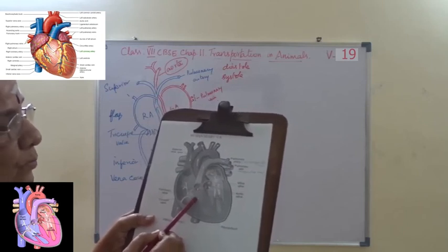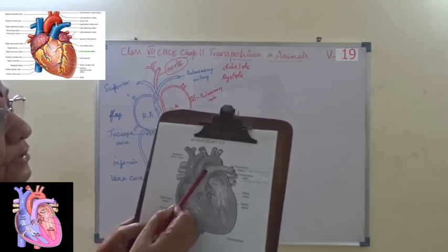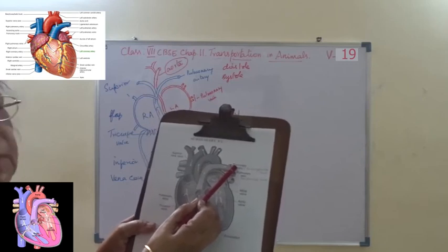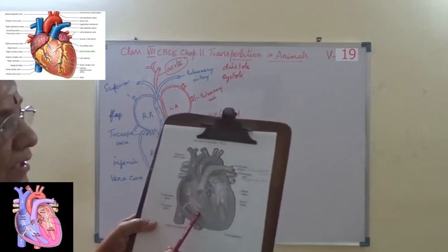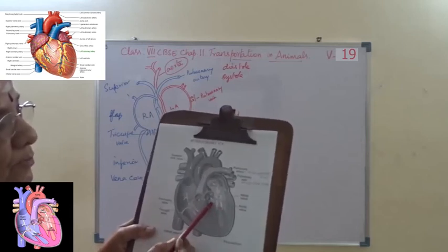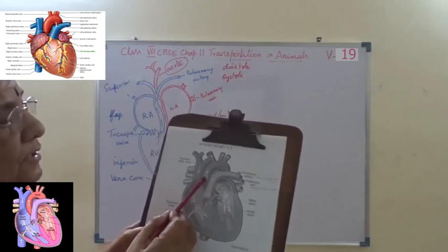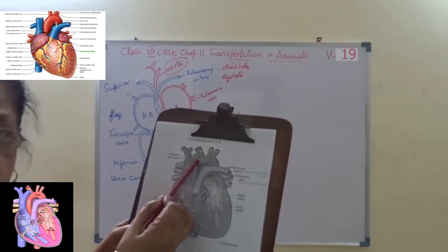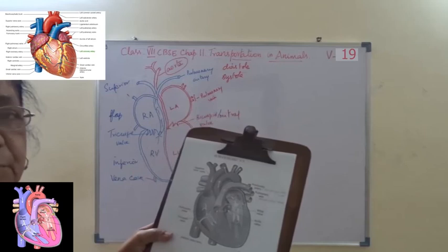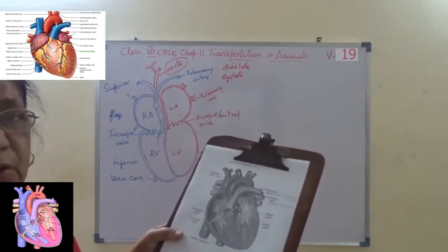Right ventricle impure blood goes this way through the pulmonary artery, reaching the lungs for purification. Same way, from the left ventricle it goes this way, crosses over in the diagram, and comes to the aorta, oxygenated blood, and then it is sending to different parts of the body. This is the working of the human heart.